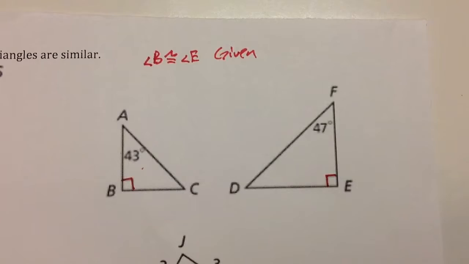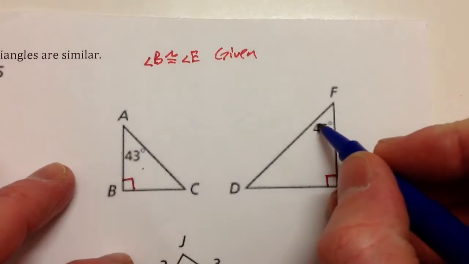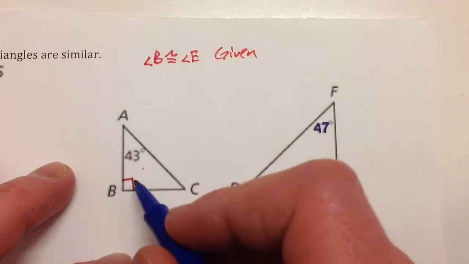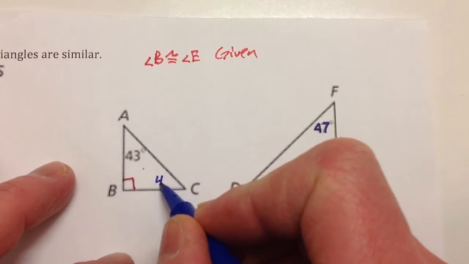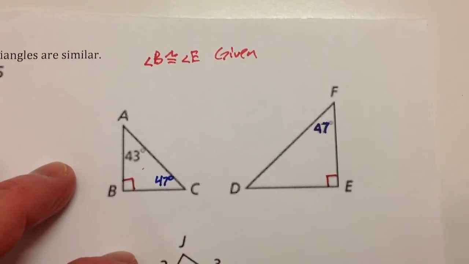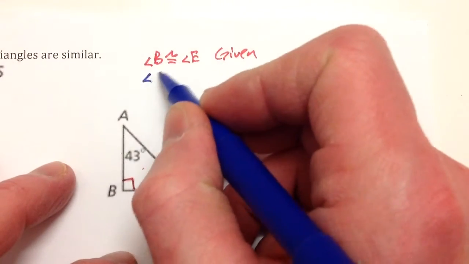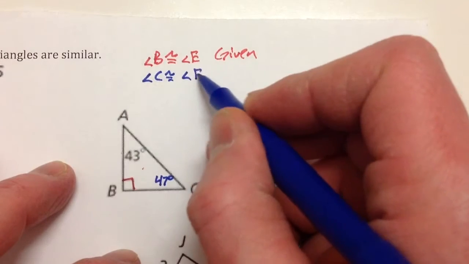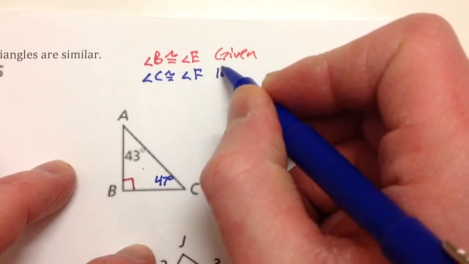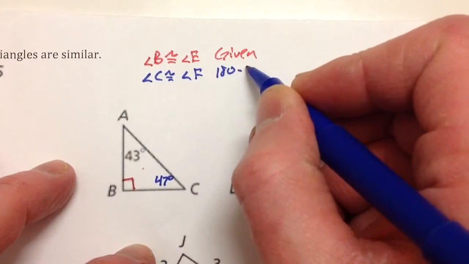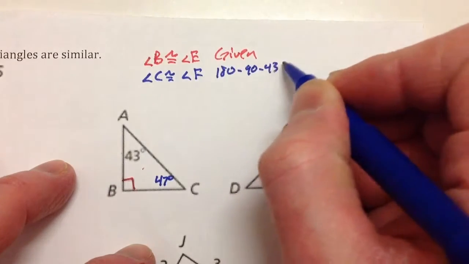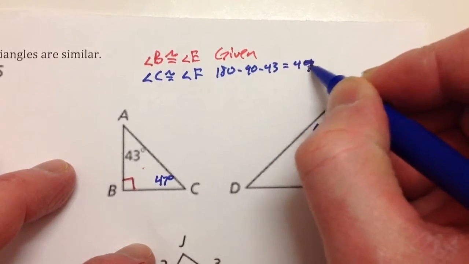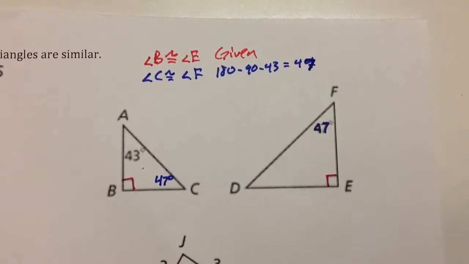And then our other part, we've got maybe angle F is 47 degrees, and if we do 180 minus 90 minus 43, I think we get that angle C is also 47 degrees. So I could say angle C is congruent with angle F, and the reasoning there is that 180 minus 90 minus 43 is 47, not 44. 47.